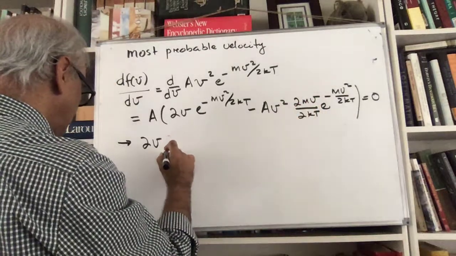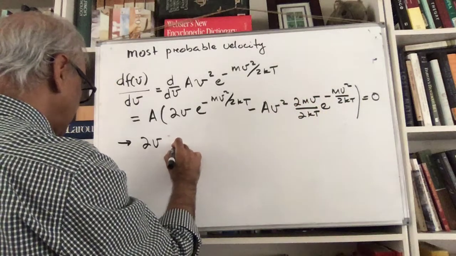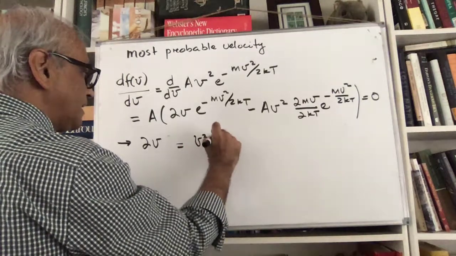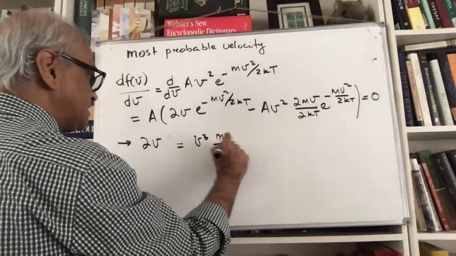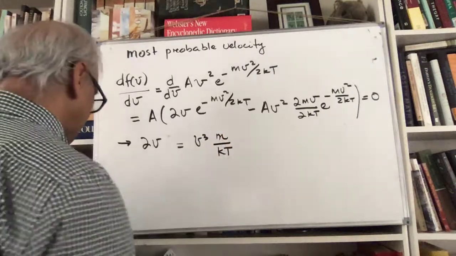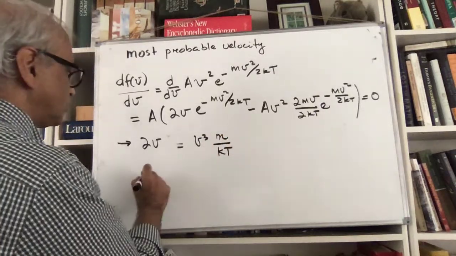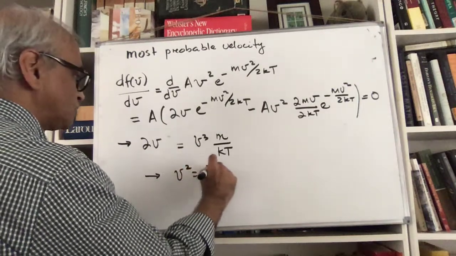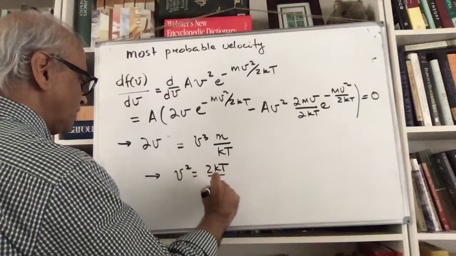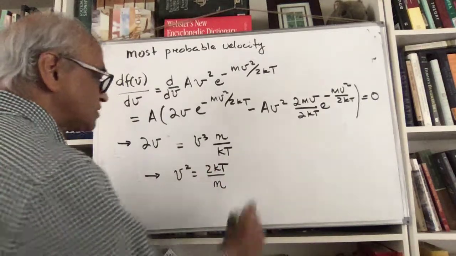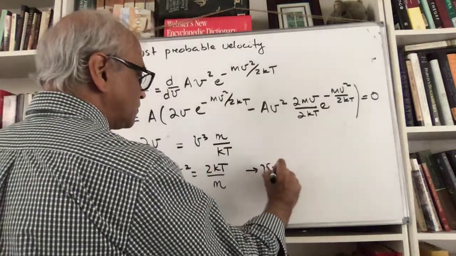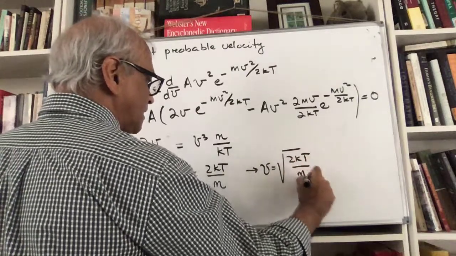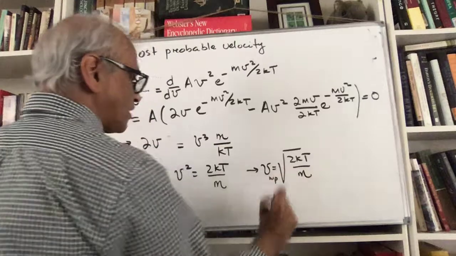So I have 2V on this side and V cube m over kT on this side, right? Okay. So you can see right away that V square would be equal to 2kT over m. So V is simply root 2kT over m. So this is the most probable velocity.